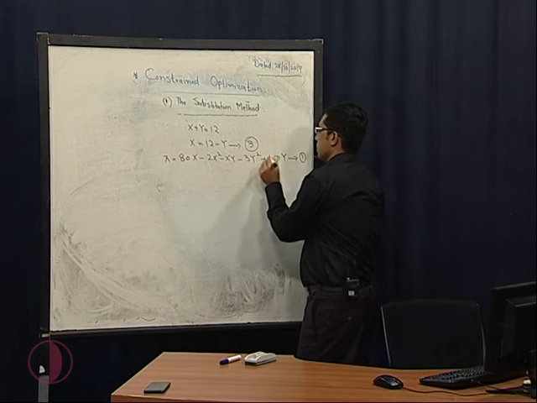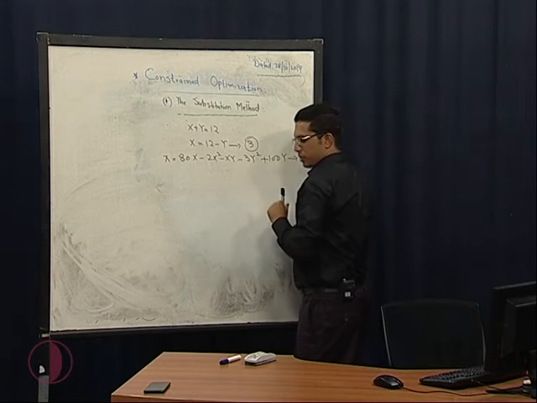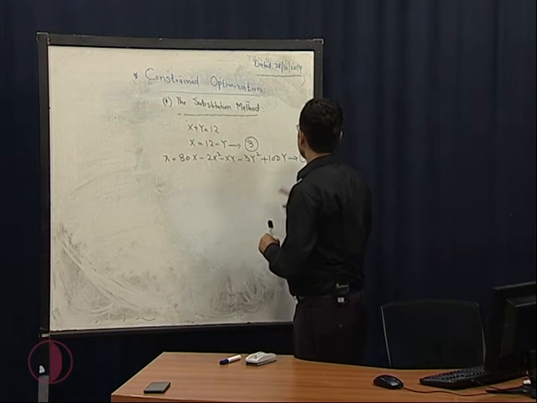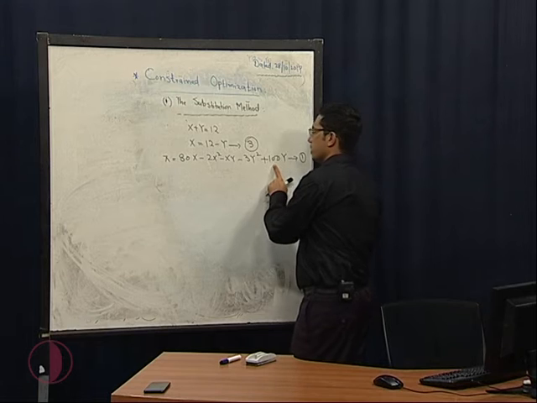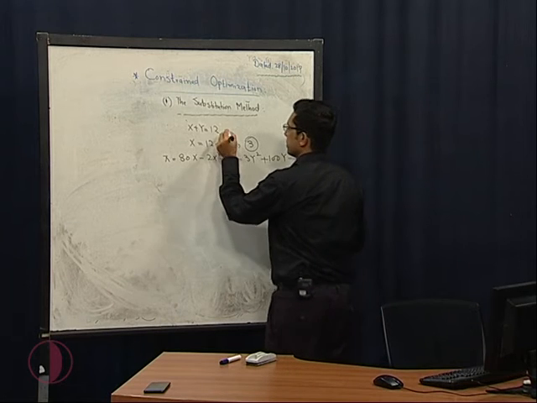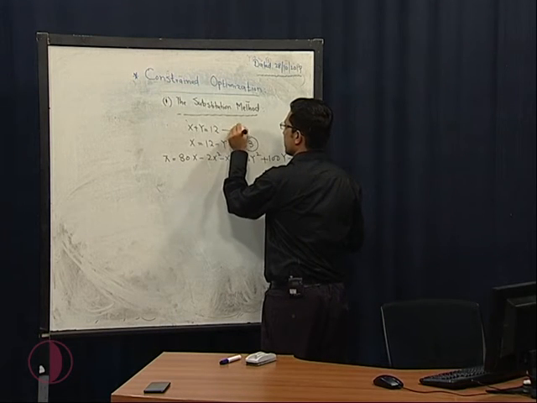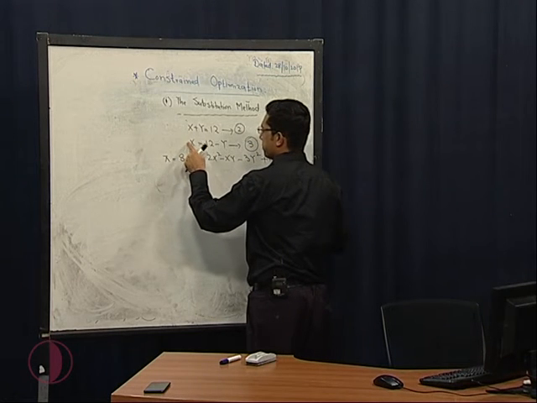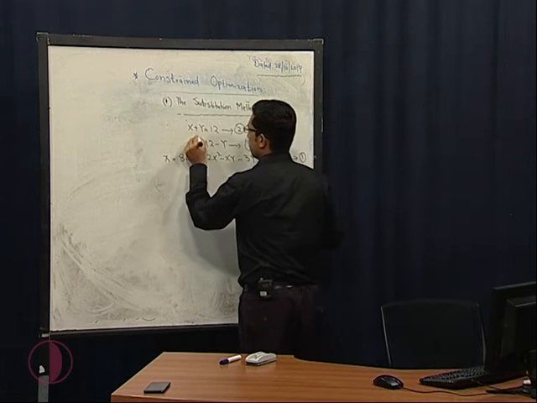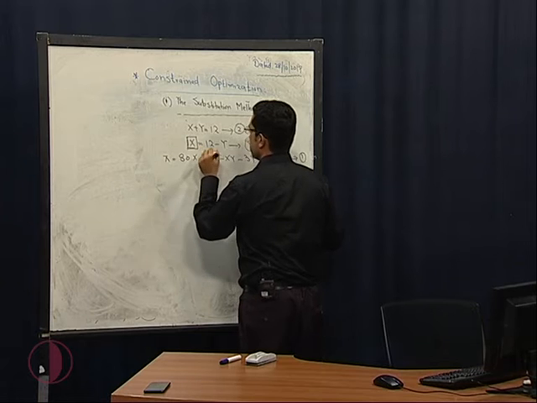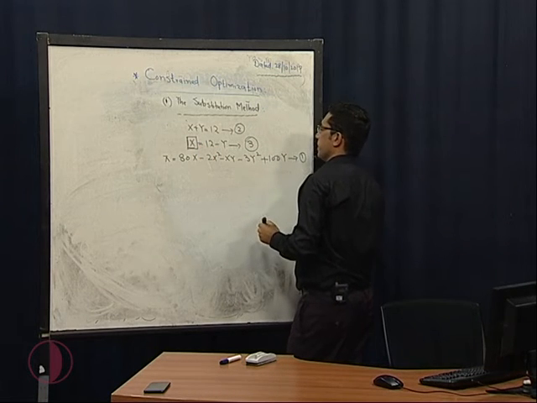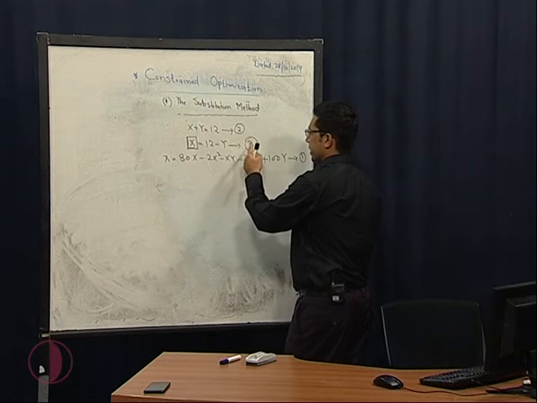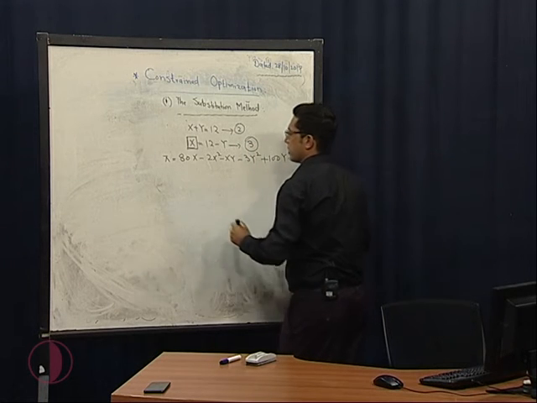This was the original objective function of the business firm, which we are denoting as equation 1. This was the original equation 1, and this was the constraint function equation 2, and from the constraint function we have derived x is equal to 12 minus y. This is equation 3.